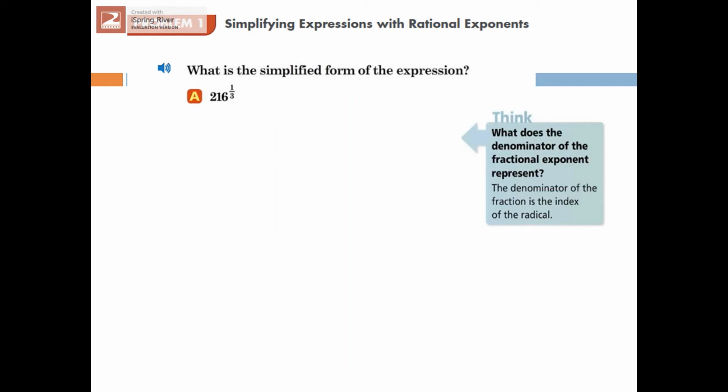From 216 raised to 1 over 3, what is our index? Yes, our index is 3. The first step is to rewrite as radical. So 216 raised to 1 over 3 is equal to cube root of 216.